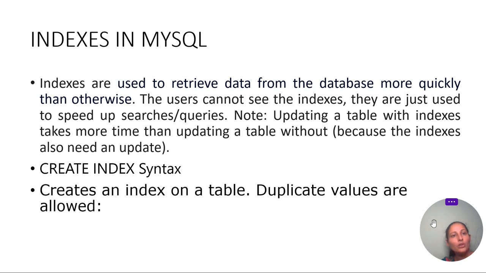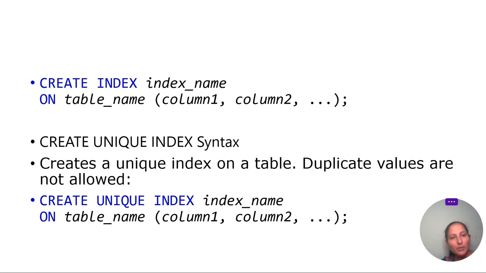What is the syntax for creating an index? Creating an index on a table has a specific syntax, and duplicate values are allowed in this particular create index command. The syntax is: create index, index name, on table name, column 1, 2, 3, whatever columns you want.